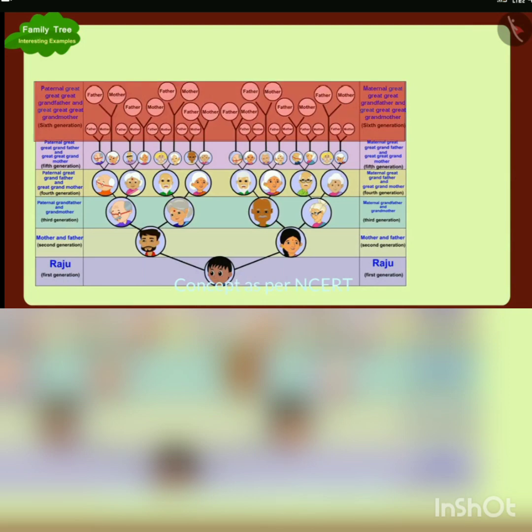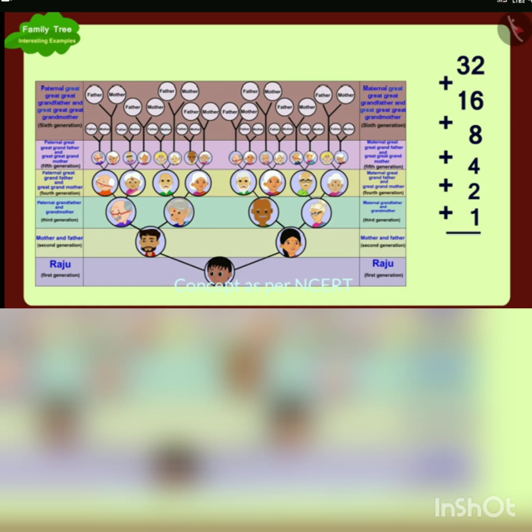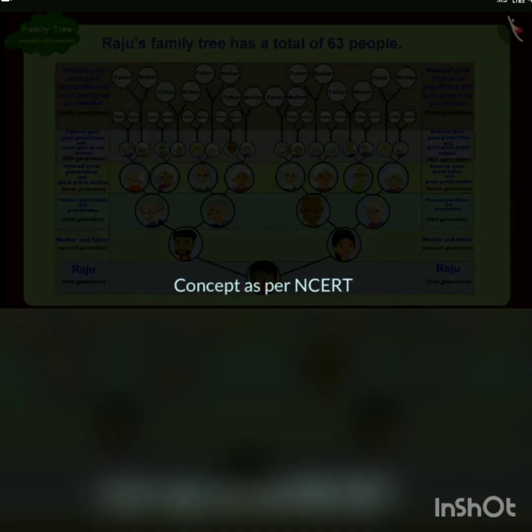First, we will write down the number of people present in every generation. Then, to find out the total number of people in Raju's family tree, we only have to add the number of people from all these generations. In this way, Raju's family tree has a total of 63 people.